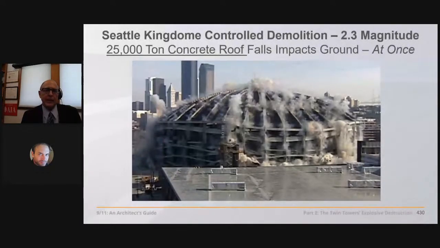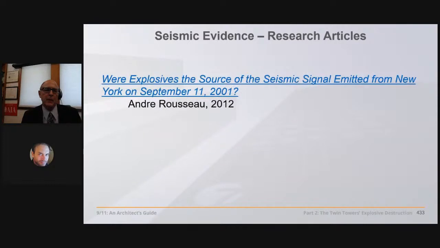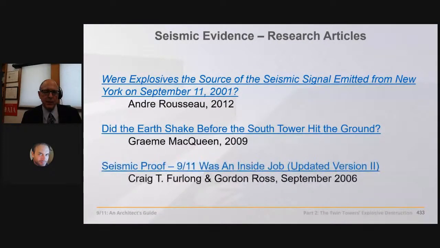So you can't compare apples to oranges here, versus the North Tower, as we saw, over a 1,400 foot diameter around each of these towers. And the concrete's not even a component. So this is the work that you need to be looking at to go deeper into the seismic evidence.